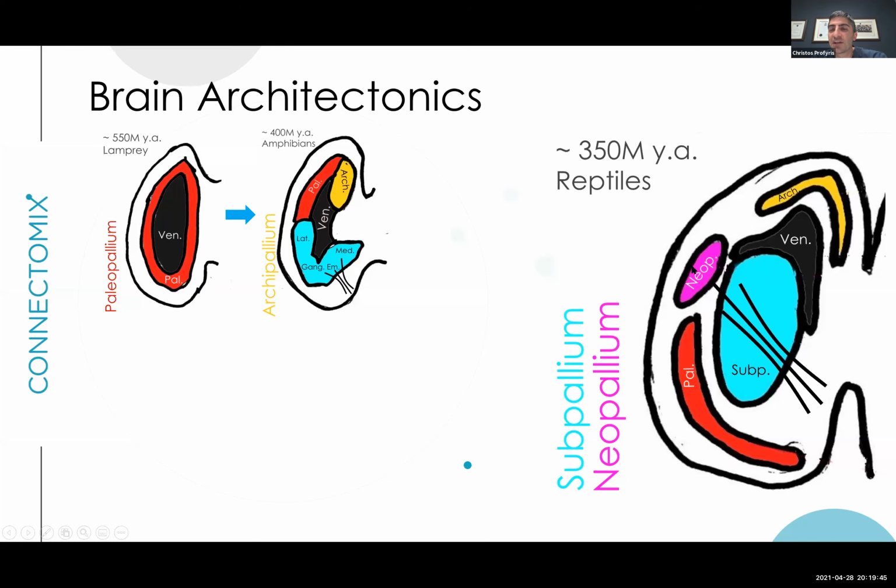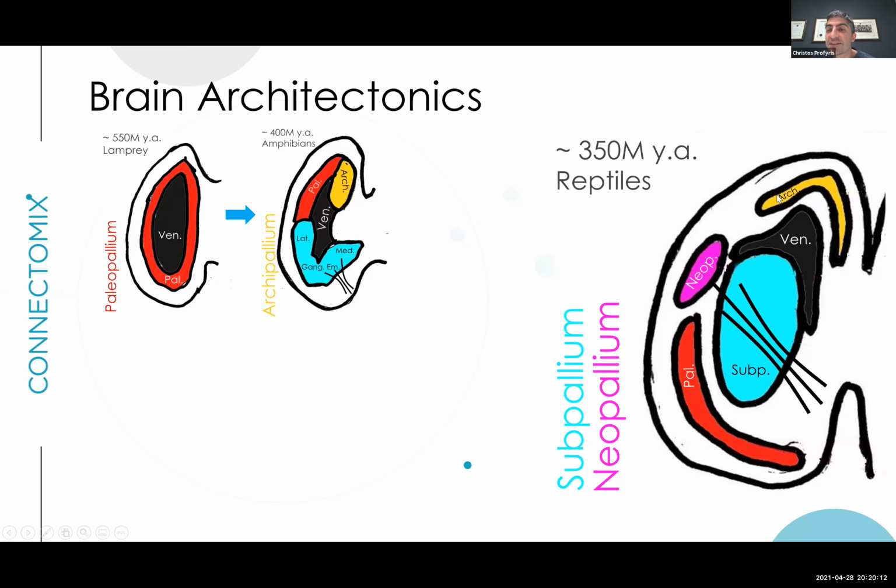But then we also got a new 6-layer type of tissue called the neopallium. And that's going to give rise to the majority, more than 80% of our cerebral cortex. And if you note, it's very closely opposed to the subpallium, which is the precursor for the basal ganglia, which is roughly where the insular cortex is. So the first cortex to evolve was actually insular cortex.